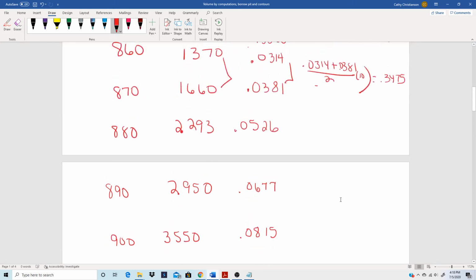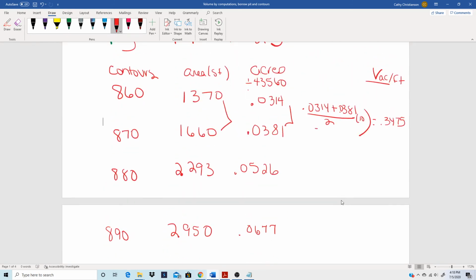Alright, now I can come back up and I can take an average of these two. 0.0381 plus 0.0526 divided by 2 times 10. And that's 0.4535.